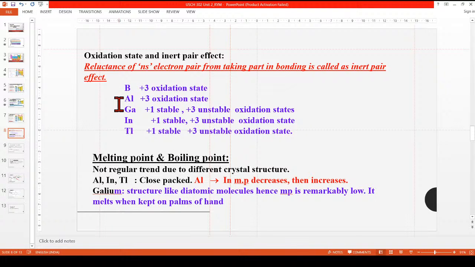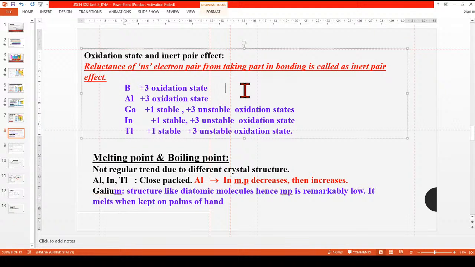Now because of that, what will happen when other compounds like boron form? What is the electronic configuration in boron? In case of boron, the electronic configuration is 2s2 2p1.